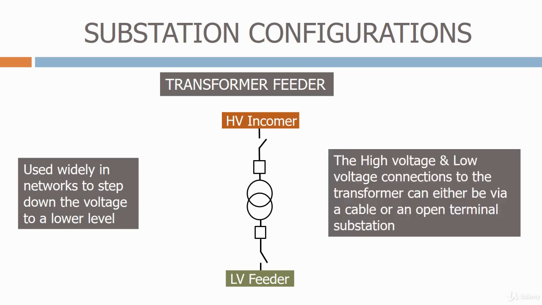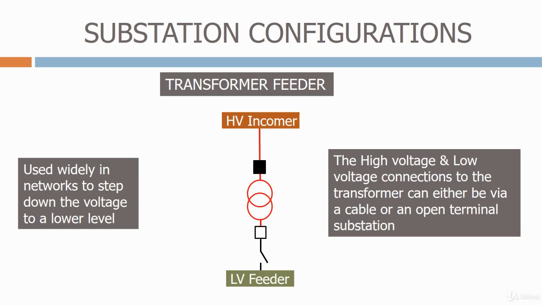The high voltage and low voltage connections to the transformer can either be via a cable or an open terminal substation. Let's see how this circuit works in practice. We can see that the high voltage incomer is now live. We close the isolator on the incomer before closing the incomer circuit breaker.